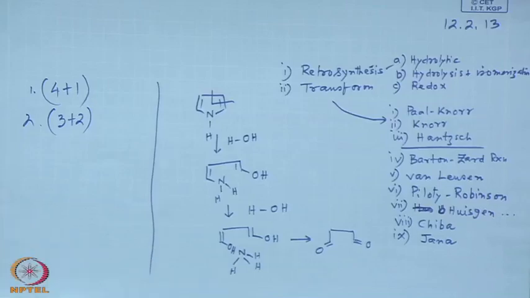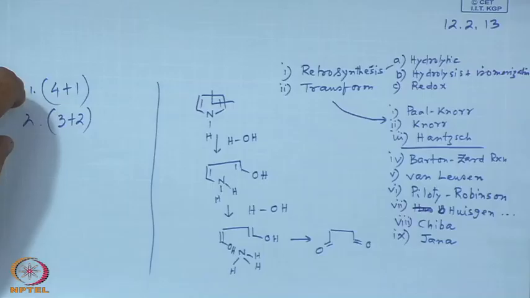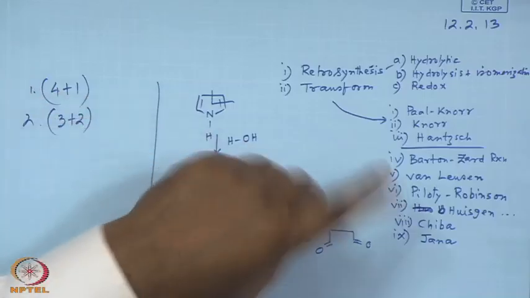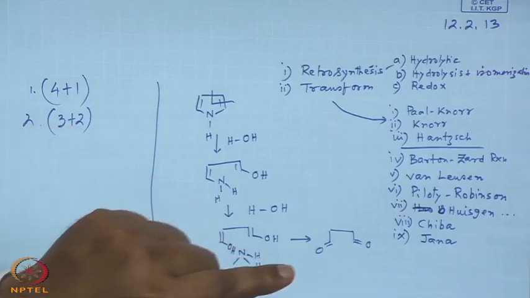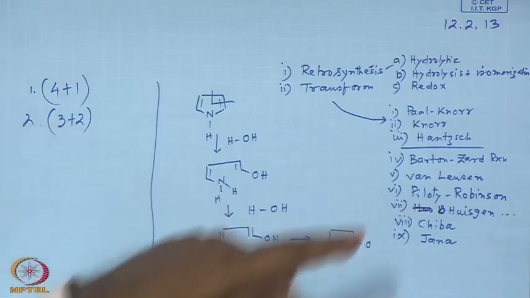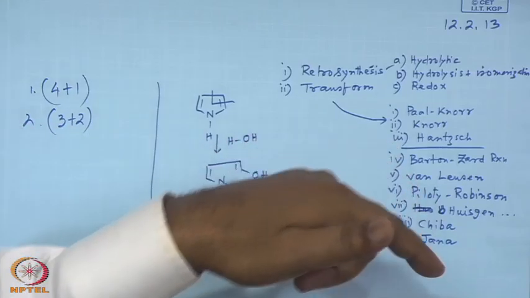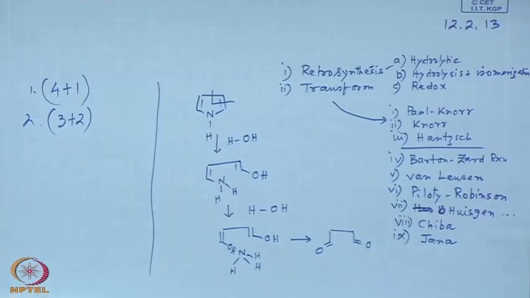There are all possible ways of looking at retrosynthesis, but when it comes to pyrrole, you can concentrate on these two numbers, 4 plus 1 and 3 plus 2. 4 plus 1 means Paal-Knorr, 3 plus 2 means Knorr and Hantzsch, even Barton, Van Leusen, all these are basically.